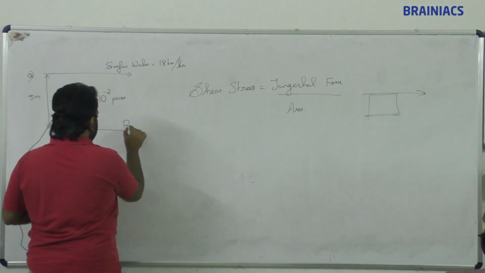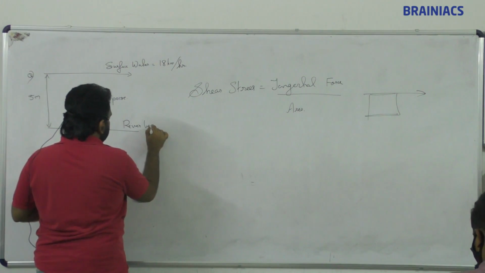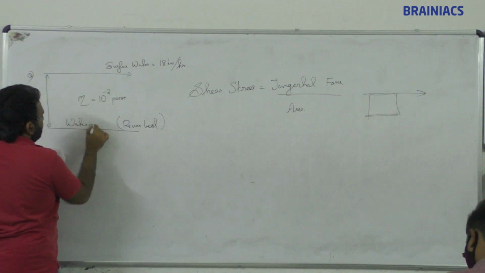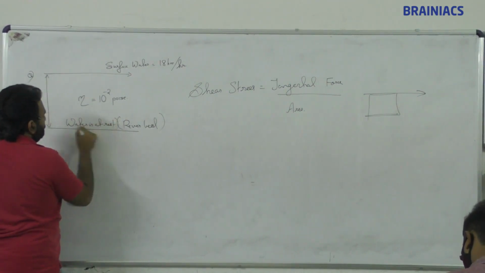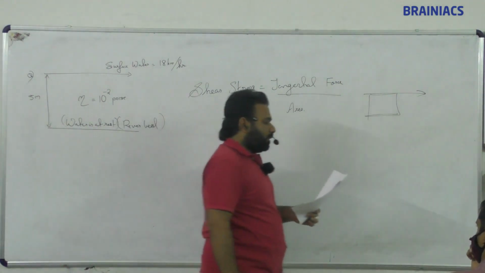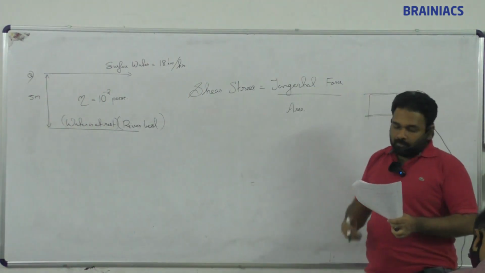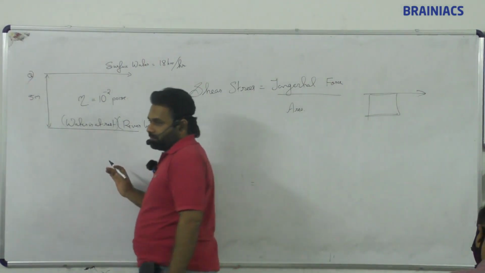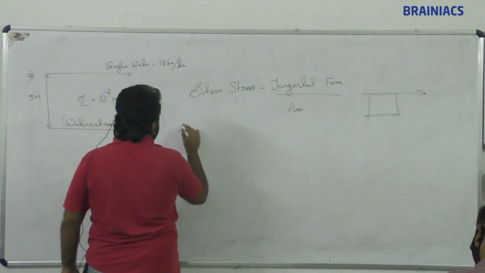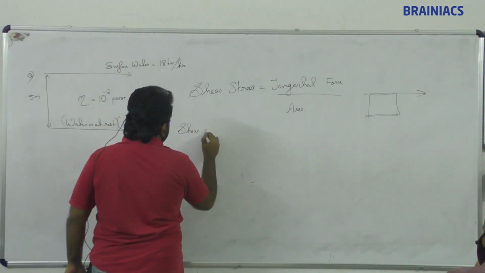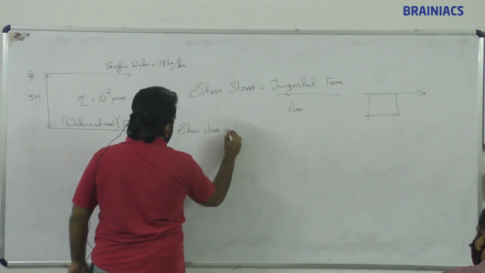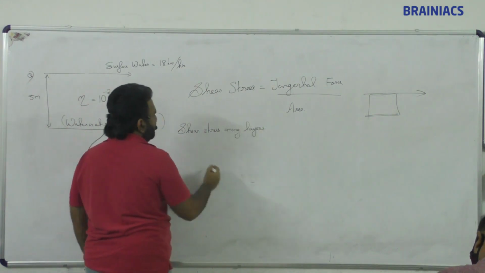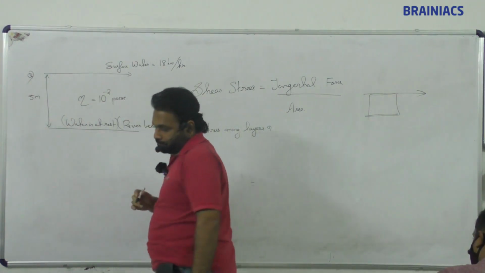So this is a river. The lowermost layer of water is at rest, the riverbed, lowermost water is at rest. Clear? So find the tangential or shearing stress among the layers. This is the question.